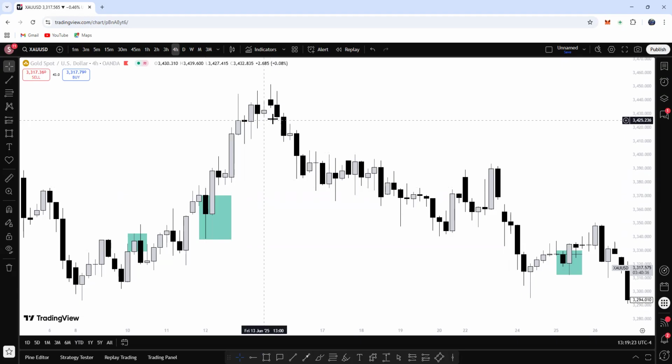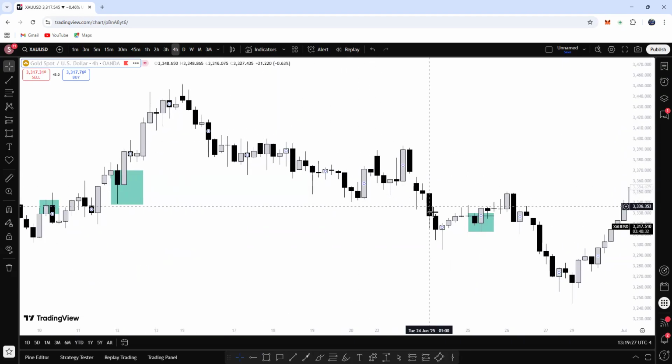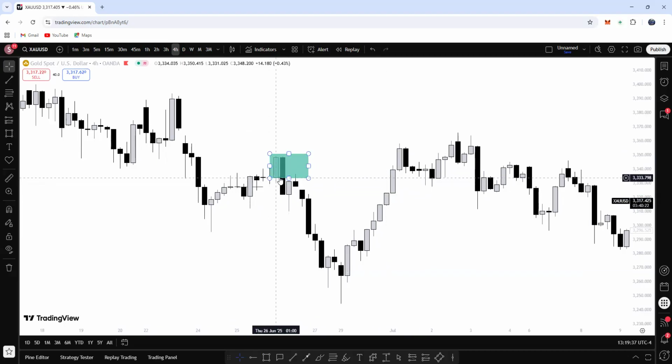And for the bearish one, let's look for one. This is it. I think it closes below, but the wick doesn't go above the previous candle.